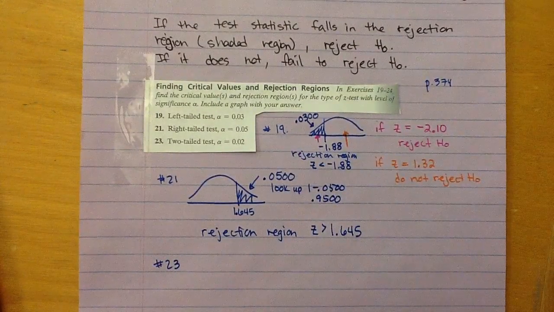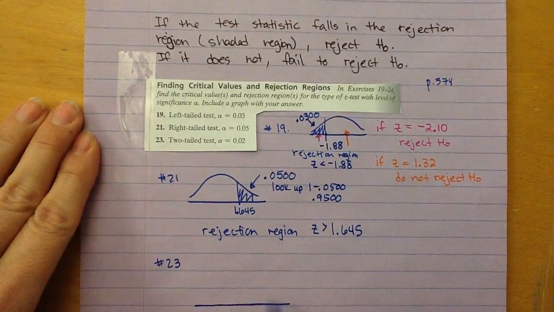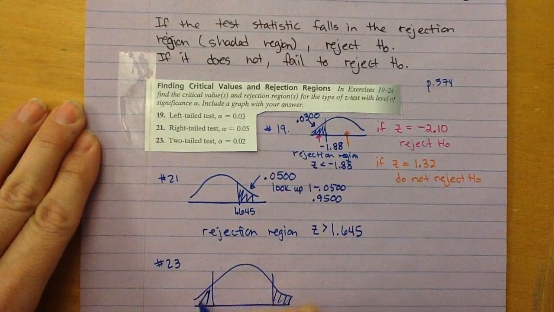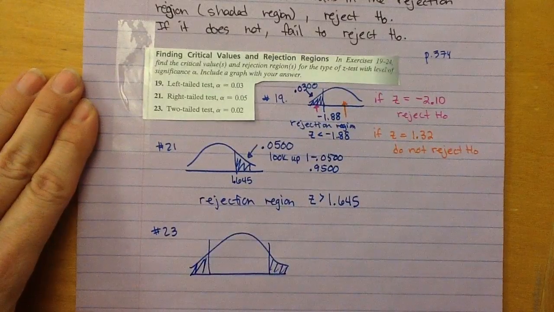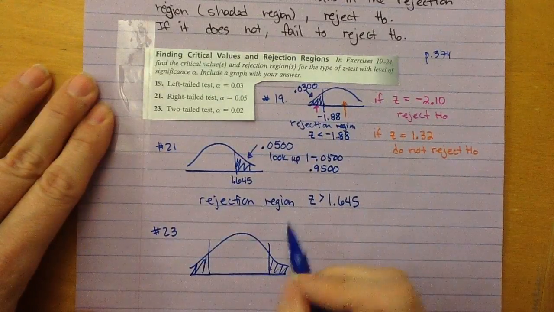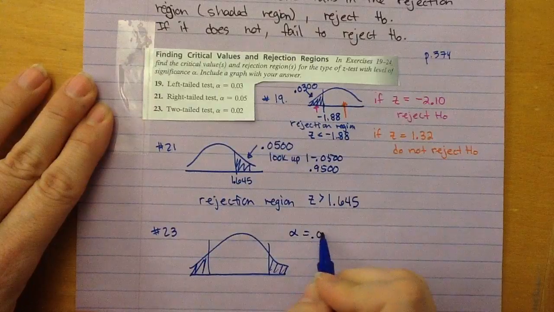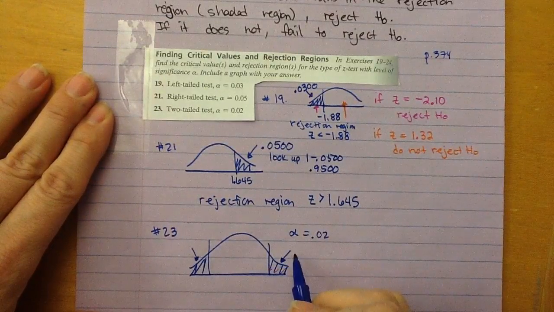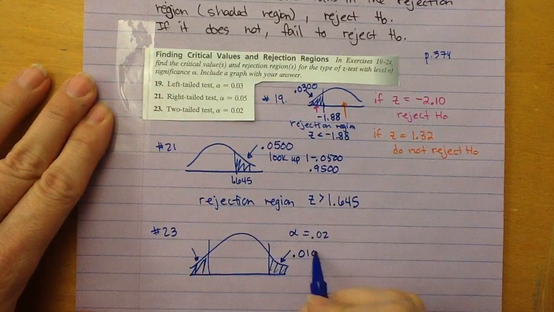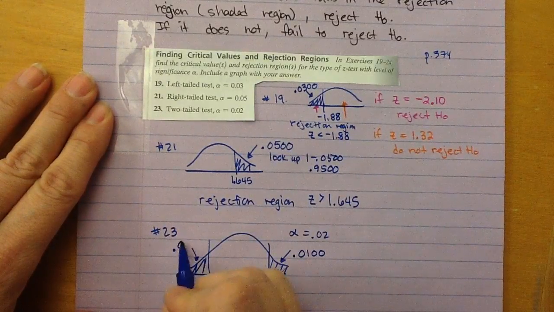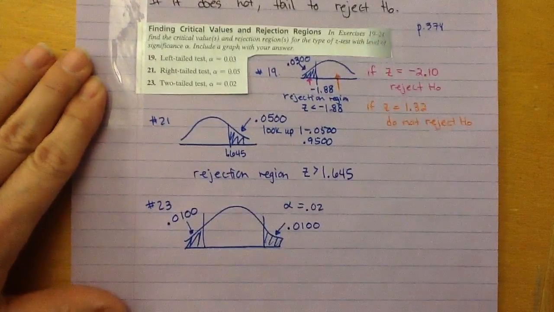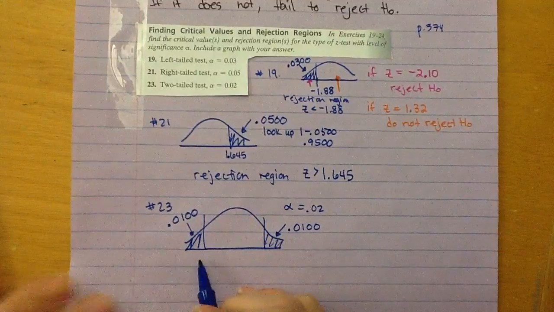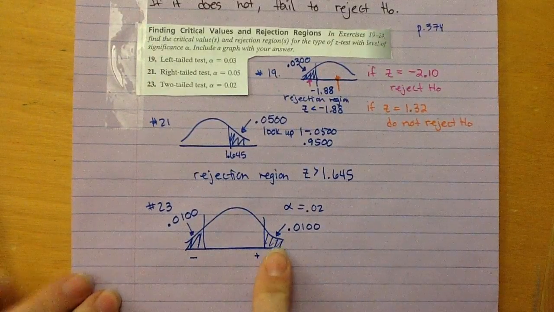23. Now we have a two-tailed test. In a two-tailed test, we've got some shaded region on both sides. With alpha equals 0.02, we have to split that between the two tails. So the area here is 0.0100, and the area here is 0.0100. It's easiest to go ahead and look up the one on the left-hand side, and then just make it the positive one on the other end.